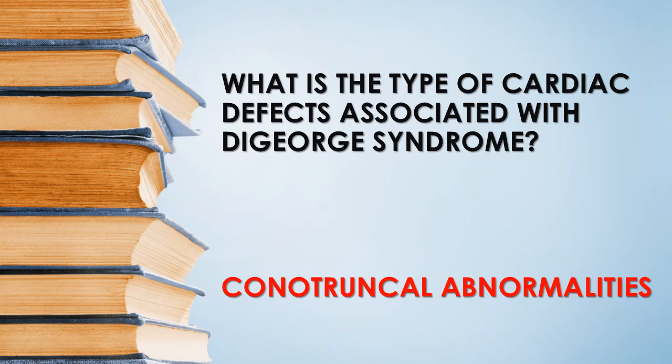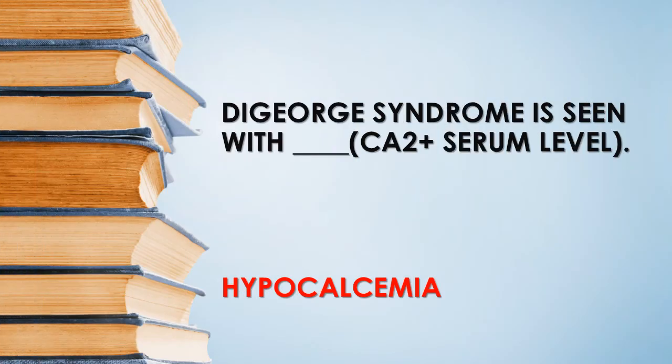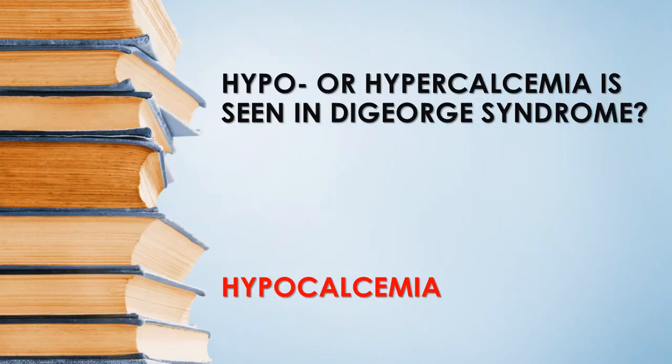Conotruncal abnormalities. DiGeorge syndrome is seen with low Ca2+ serum level. Hypo or hypercalcemia is seen in DiGeorge syndrome? Hypocalcemia.